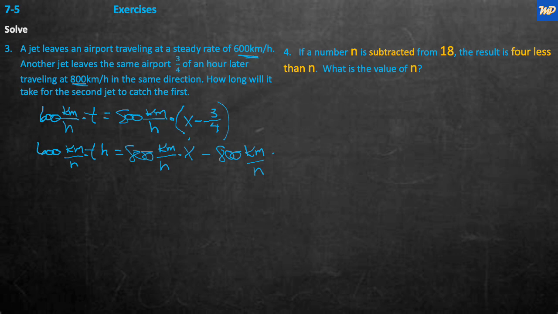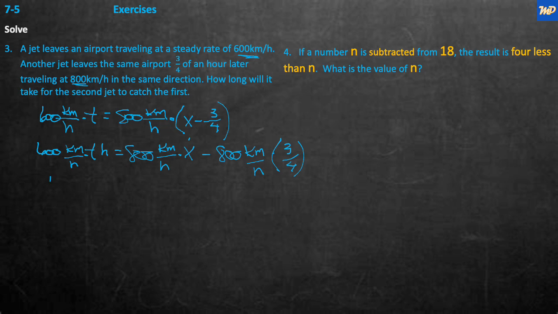Okay, so we've undone the distributive property. 800 times t, and 800 km per hour times minus 3/4. Okay, so now that problem has written itself out here.